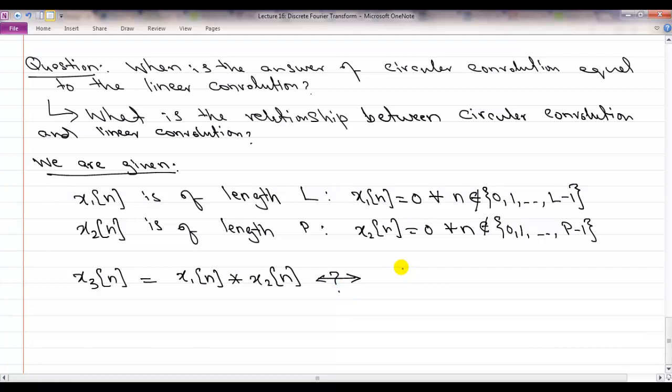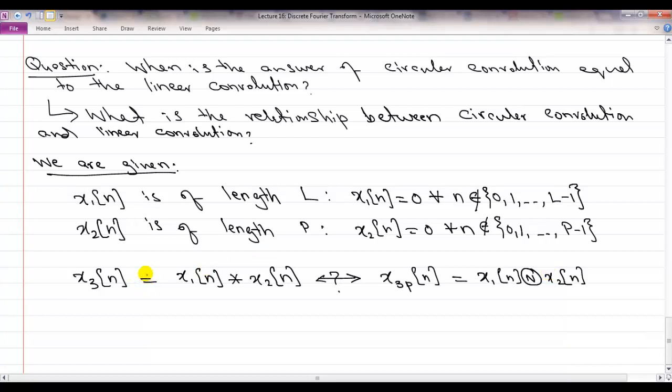And since now I have x3 of n, I'm going to call the circular convolution answer x3p of n, which is x1 of n circular convolution with x2 of n. So no longer the superficial relationship, we want an exact relationship. If I give you the linear convolution, how would you calculate the circular convolution using this relationship?